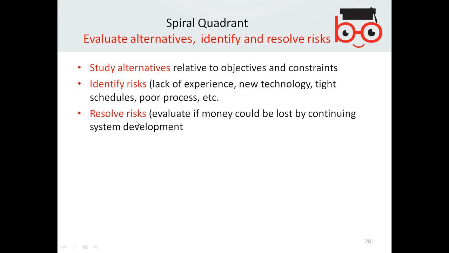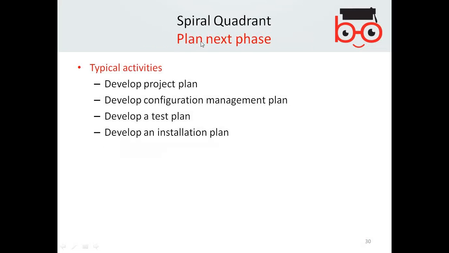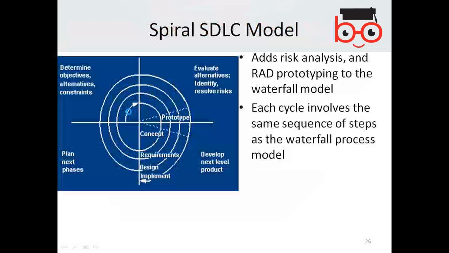And in another quadrant, you develop: create, design, review, develop, inspect, and test the product. And then again in the next phase, you develop a project plan, develop configuration management, and develop an installation plan. And looking at this phase, again you fall into the identification of the risk. So basically this is a cycle.